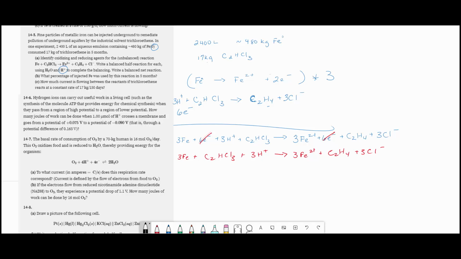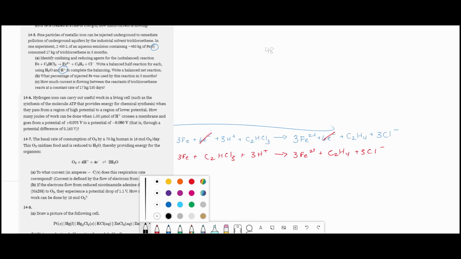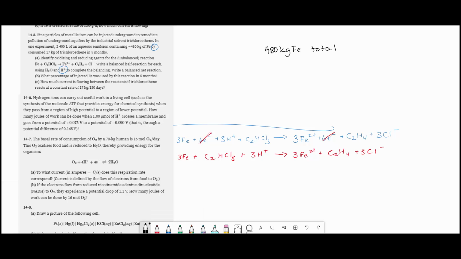B, what percentage of what was injected was actually used over 5 months? Well, first, how much was actually injected? We injected 480 kilograms. That was given to us in the problem. 480 was originally injected. So how much was used?